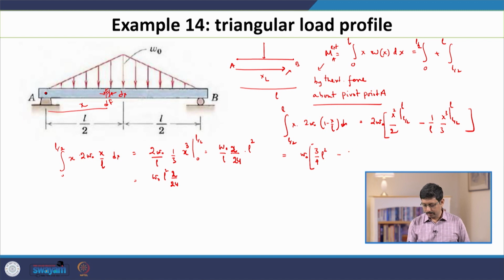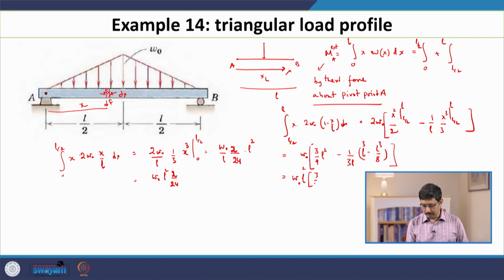minus we have 1 by 3 L times L cube minus L cube by 8, which is 7 by 8 times L cube. And in the second term, L will cancel and we get an L square, which I am taking out.